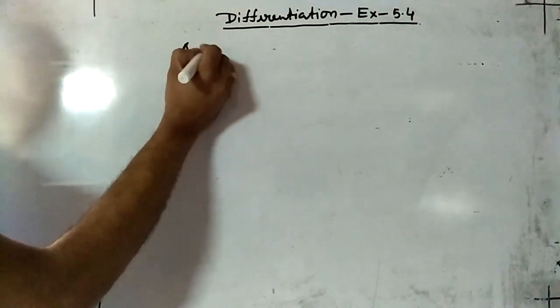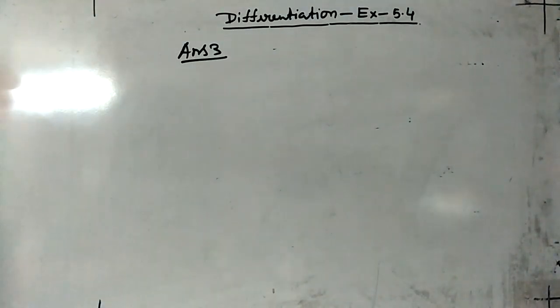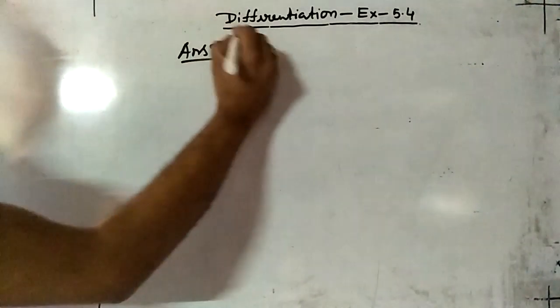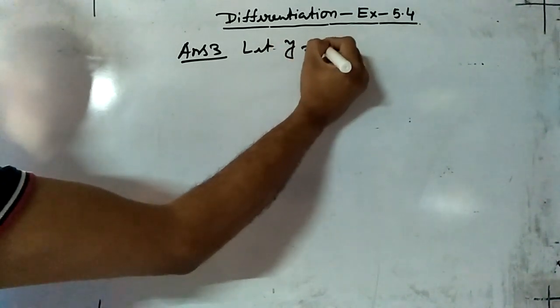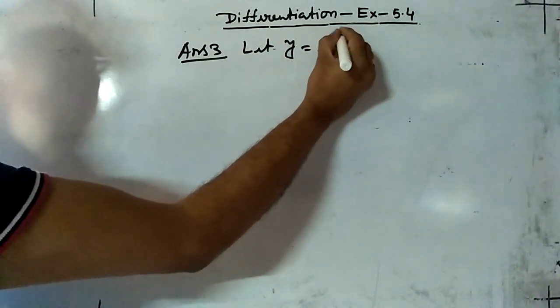Question number 3. Answer 3. Here the function is e to the power x cube. So let y equals e to the power x cube.